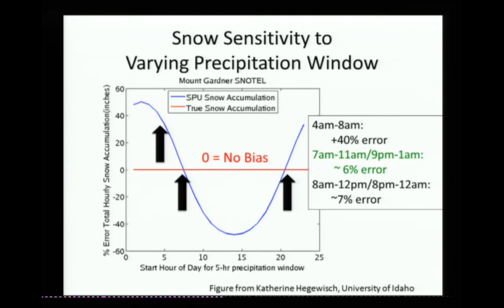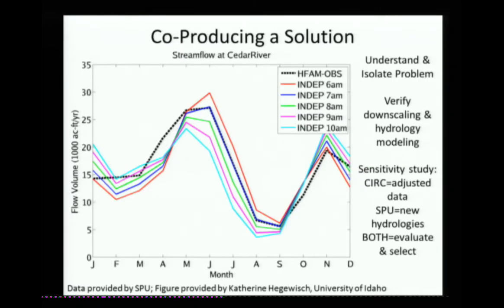So we took this study and we applied this then to SPU's hydrology model. And what we got, this is a plot showing how well the different disaggregated data resulted in these hydrologies. So we're trying to match the black dashed line.